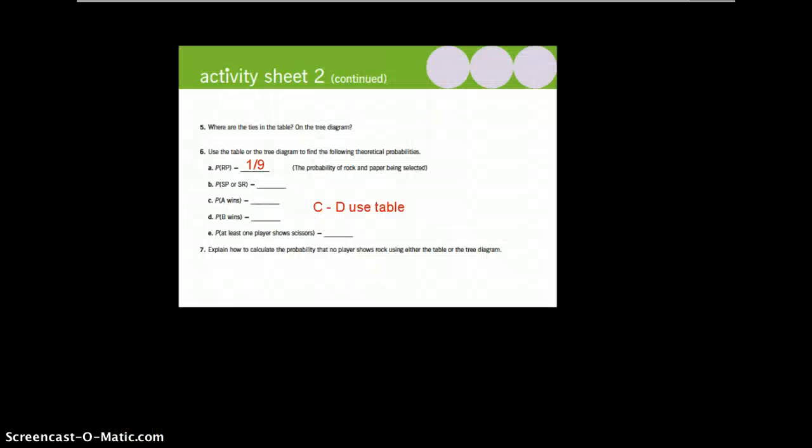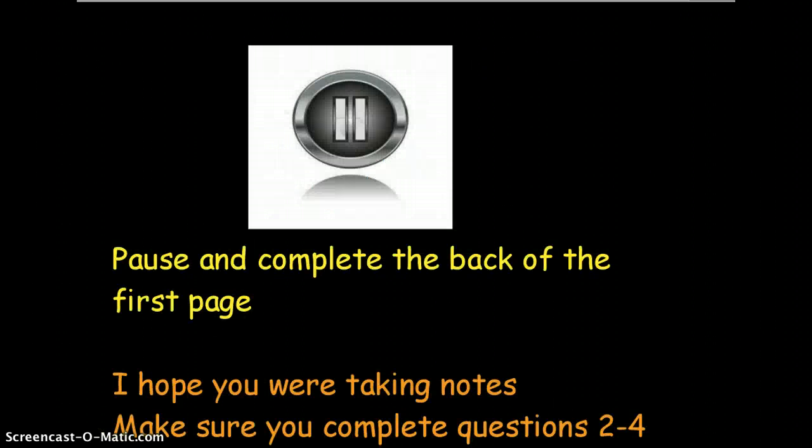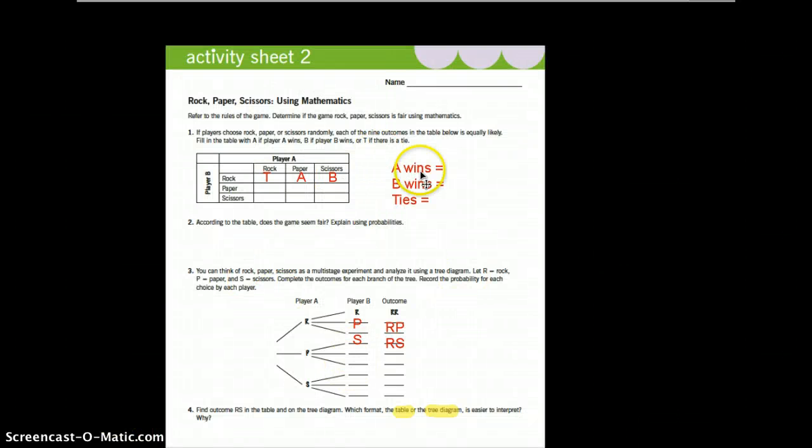Alright, so hopefully you've been pausing and moving through this video while you are completing all of what's going on in this packet. Activity sheet 2 is the front of page 2 now. Here we are, and you're going to answer these questions by using the previous page and everything that you've done on this page so far.